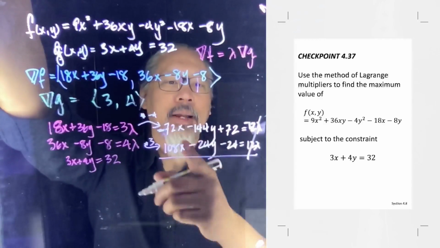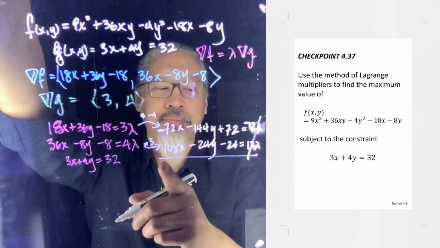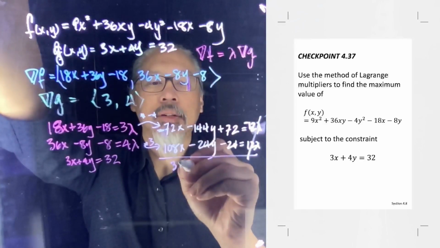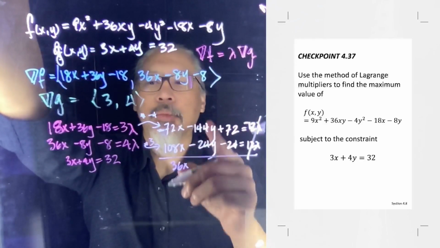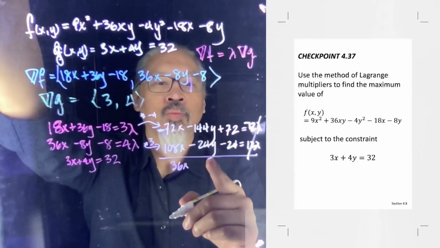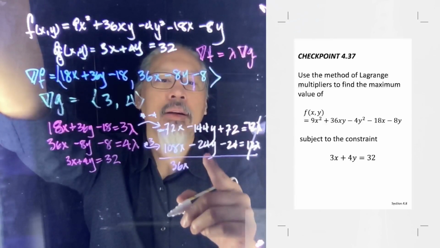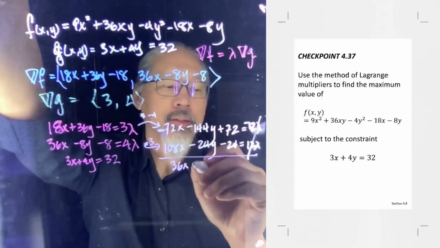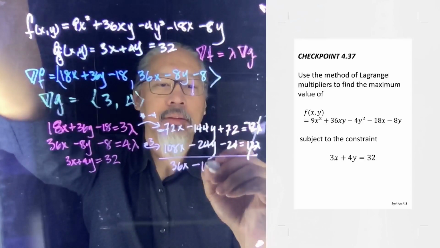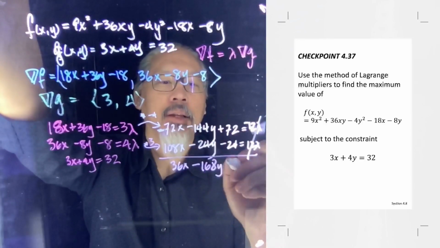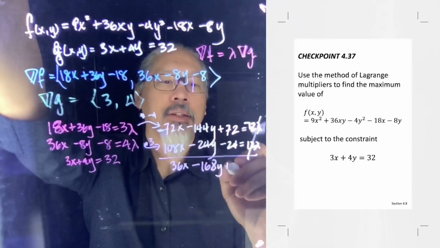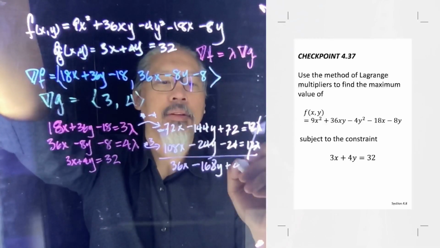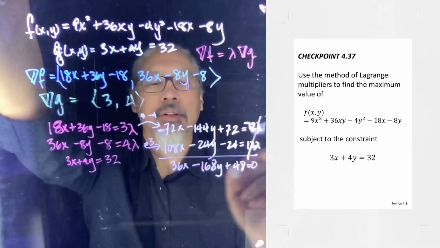All right, we'll add everything. This is going to become 36x, this will become 168y, and this will become positive 48 equals 0.